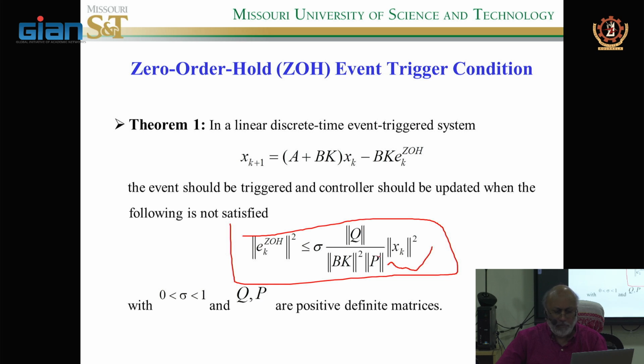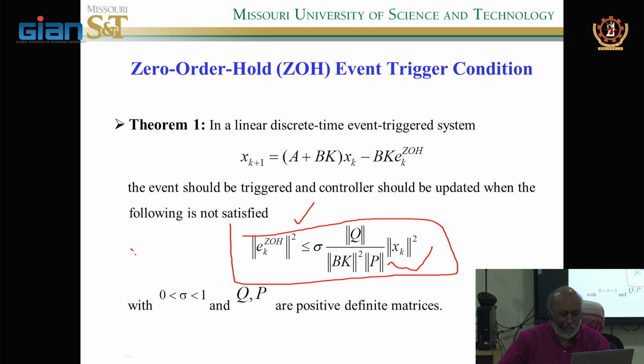If this condition is violated, then immediately the switch closes, the event trigger error becomes zero, and that particular node needs to transmit. That error is tied to the distributed scheduling. Understand that? That error is tied to the distributed scheduling.